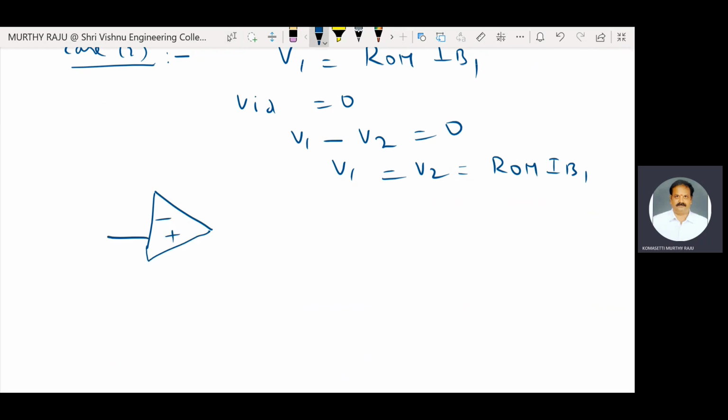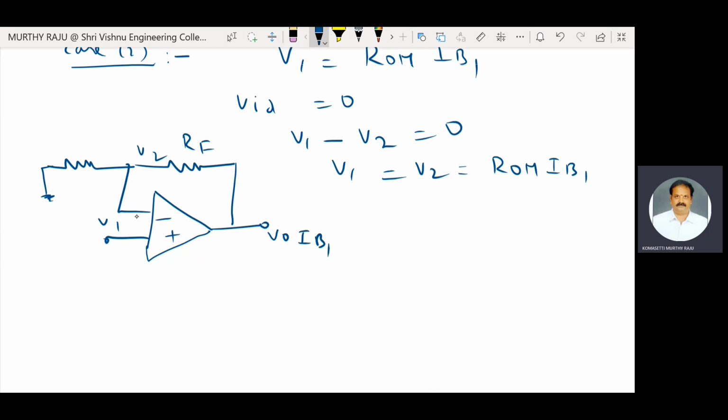Minus, plus, here V1, here V2, V0 due to IB1. This one is RF, ROM.